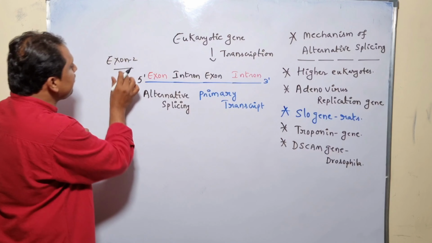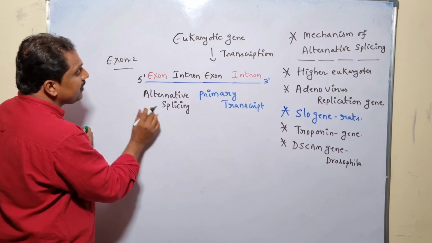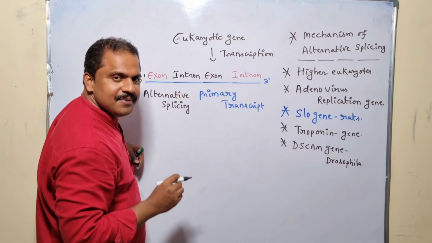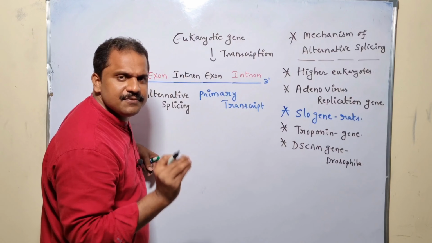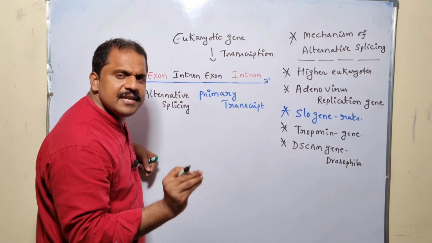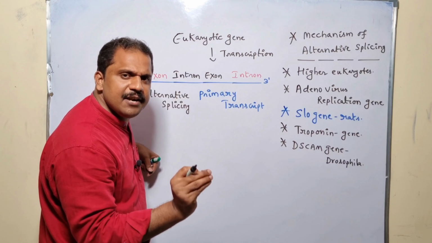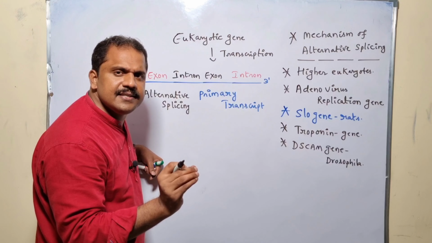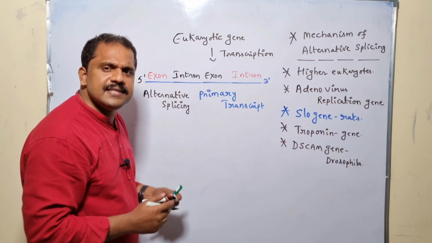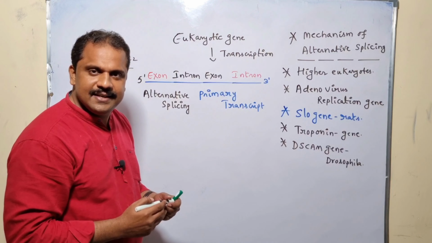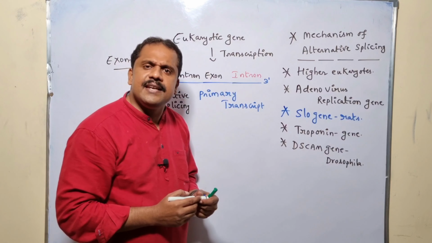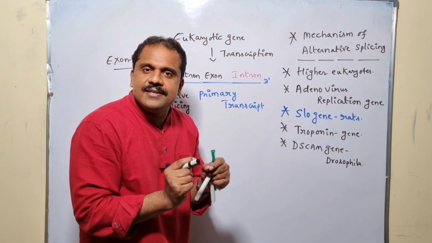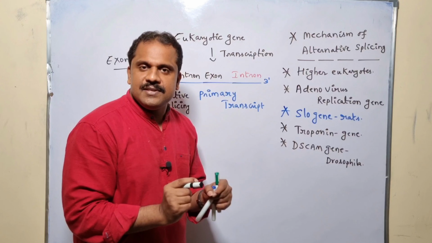So once the particular exon 2 undergoes skipping during the alternative splicing mechanism, under such condition from one primary transcript multiple RNA variants are successfully synthesized, and these alternative variants, when they participate in the translation mechanism, are capable of inducing the synthesis of the polypeptide chain. Is it clear? So here it is the uniqueness, or the beauty of alternative splicing mechanism. That means from one particular eukaryotic gene, multiple proteins are successfully synthesized.